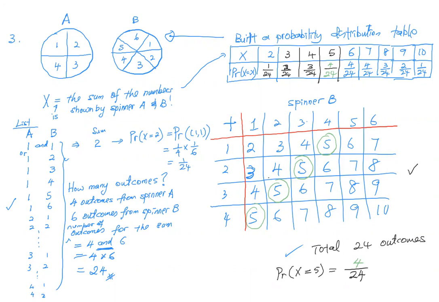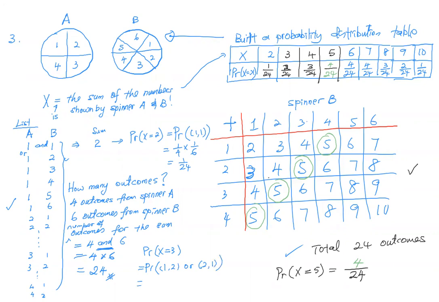I can also do it like that. If I want to talk about the probability of getting a 3, look, I can have 1, 2, or 2, 1. Am I right?